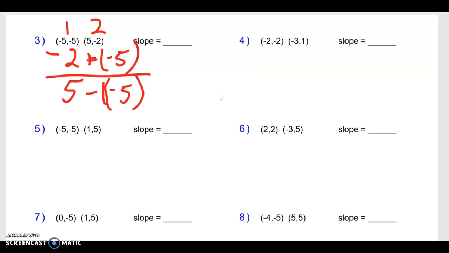Again, slash and dash, so we have negative 2 plus 5, which gives us a positive 3, over 5 minus a negative 5. Don't get confused and say that it's 0, because it's not. You have to remember to slash and dash. So it's 3/10.